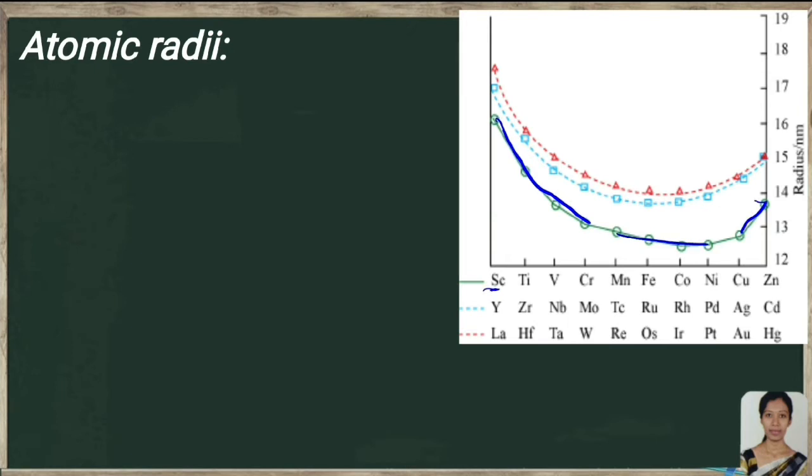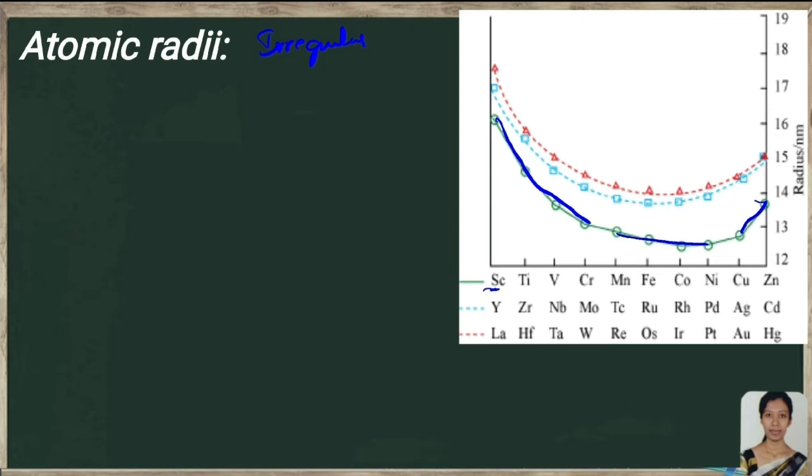This is irregular in nature: decreasing, becoming constant, then increasing again. The 4d series, starting from yttrium, and the 5d series also follow the same trend as the 3d series.